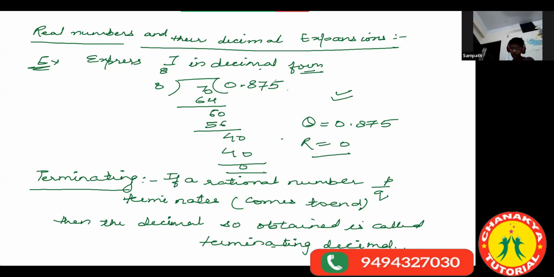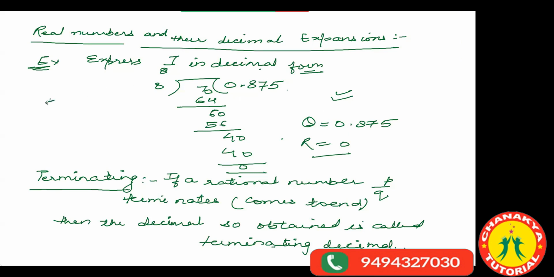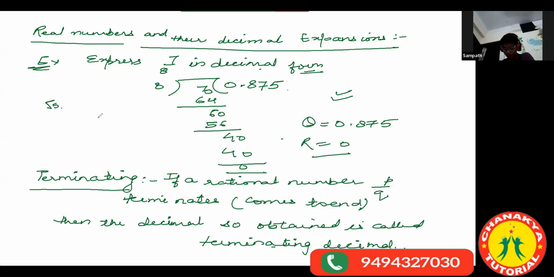Ma'am, that root 5 first method, can you show once again? Root 5. The last step. Was it the second method or first method? Ma'am, first method. So it was this. Ma'am, for representing root 5, if you follow any one of the two methods, is it fine?